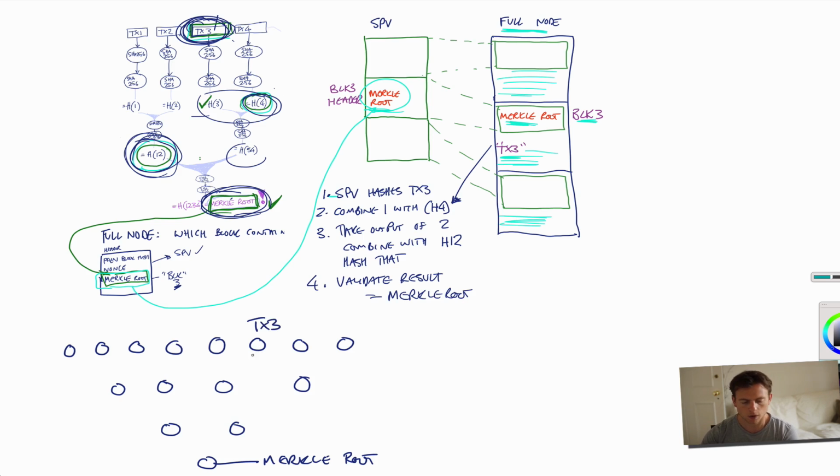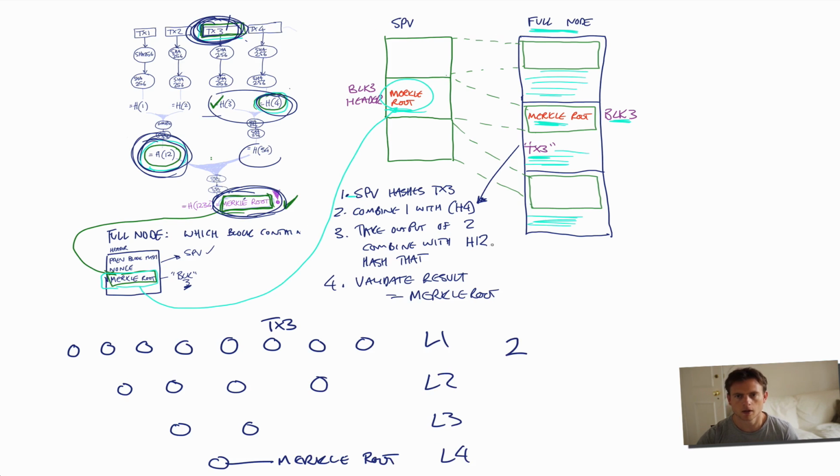So what our full node has to do is send at each level. So this is level 1, this is level 2, this is level 3, and this is level 4, right? If there are 8 original transactions, then there are going to be 4 levels.